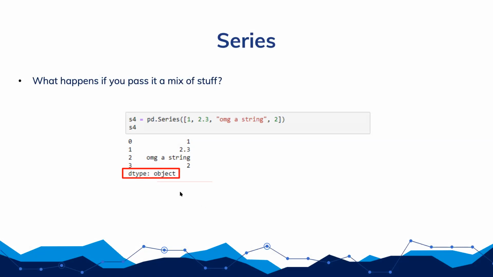Sorry, in the beginning, that's something I don't understand about pandas. In the beginning, you said the series are supposed to be an array of elements of the same kind. Yes. But here you have integers, floating point numbers, and a string. Yeah. When you use a bunch of different data types, pandas sets the data type of that series as object.